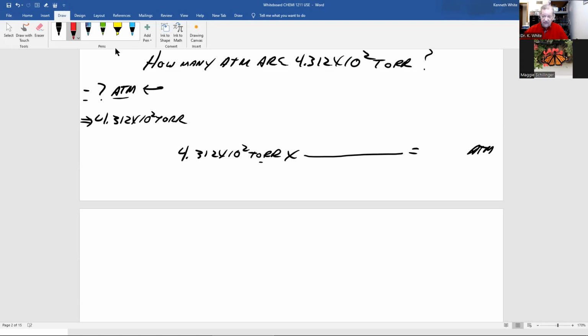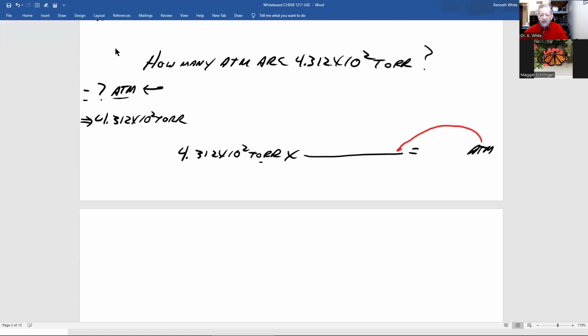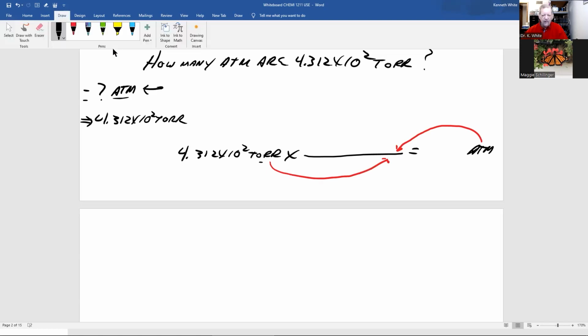And it has been for many decades. Oh, I shouldn't have said that, but it's true. Whatever we're trying to get to, the units go on top of the ratio. Whatever we're going to get rid of, the units go on the bottom of the ratio. And now write those in.